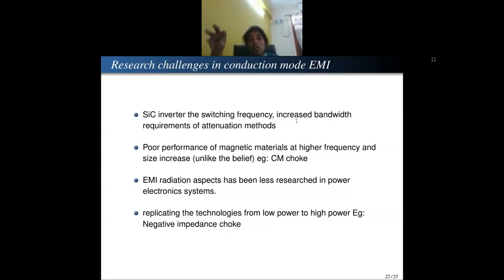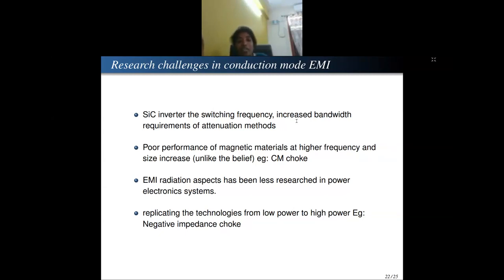If you have op amps, you can add some auxiliary winding to the common mode choke, and you can improve the gain of the choke at a particular frequency range. You can change the gains of the attenuation. That has been done at a lower power level because op amps are available at lower power. So we tried to do the same thing at a higher power level with the passive components available. The result is not so fruitful, but we are still working on it.